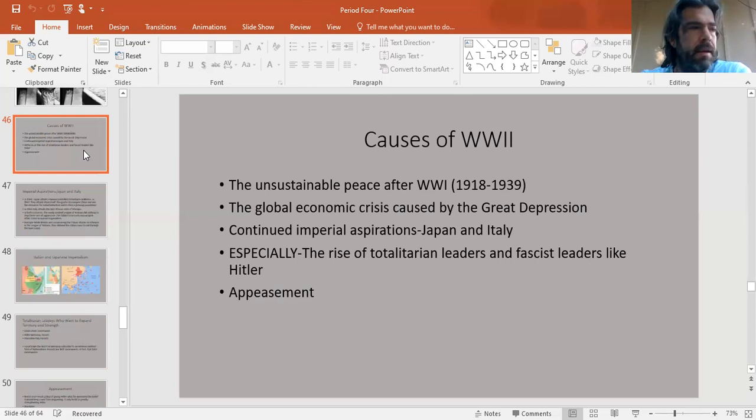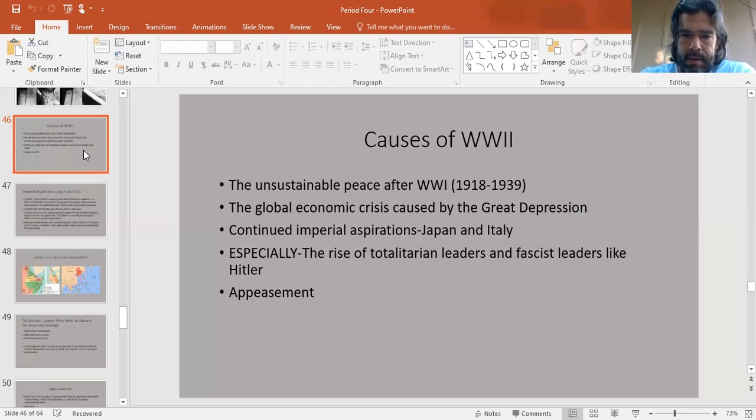Really, truly, that treaty that ended World War One was made to benefit France. It was made to benefit Britain. And in many of the other places, there's lots of anger, lots of animosity, lots of bitterness, and that is just going to linger and get worse and worse.